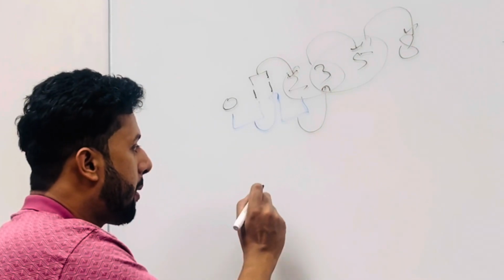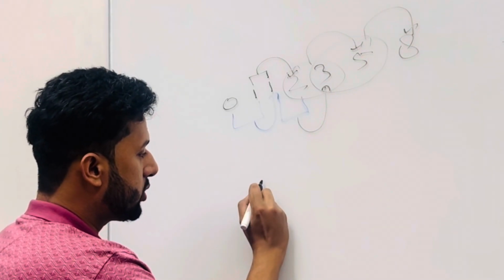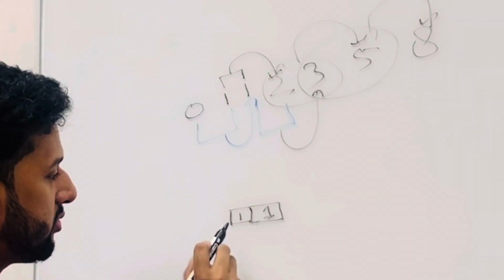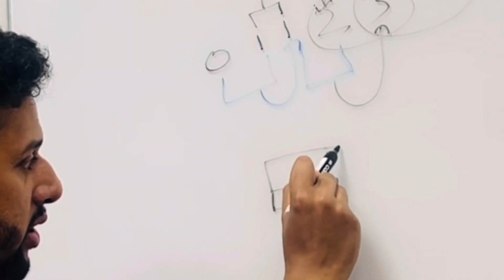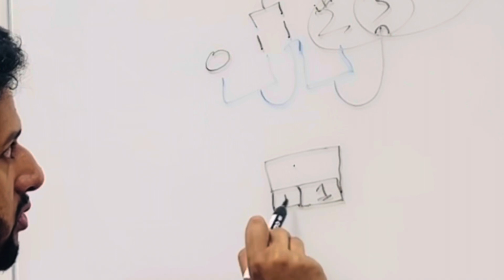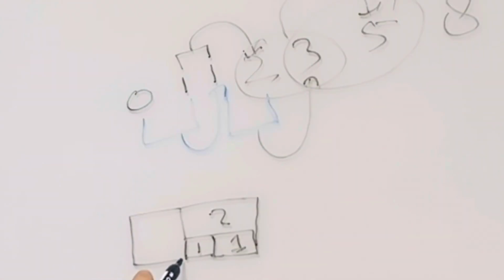Suppose I make a square of one block, then another square of dimension 1. If I create one more square over it, that would be of dimension 2, right? At the left part of this, if I fill it with one more square, what will I get? 2 plus 1, 3, right?